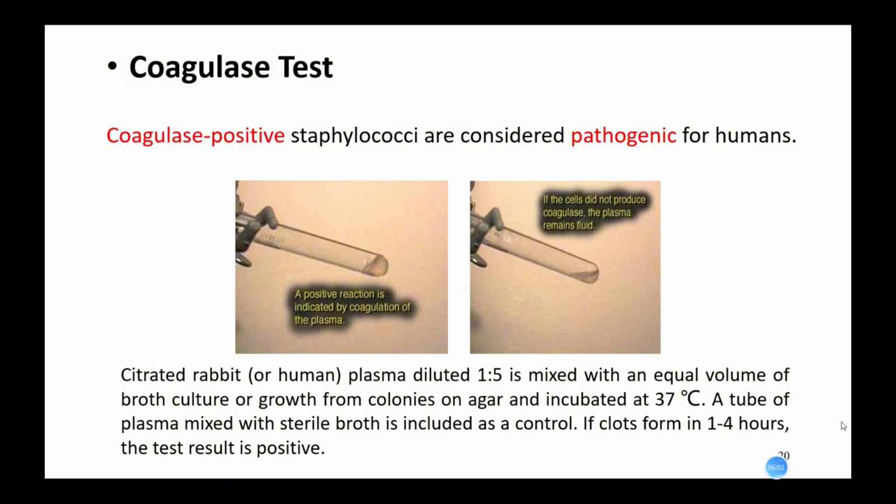Even though they don't cause severe disease, they might cause chronic disease, like we mentioned before, the prosthetic joint infection. A lot of times it's due to coagulase negative staphylococci infection. So both of them can be pathogenic. This is the coagulase test.